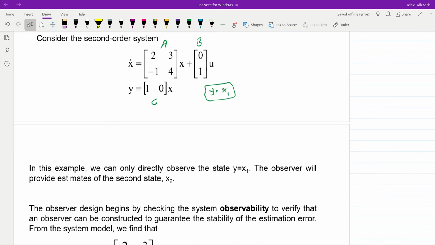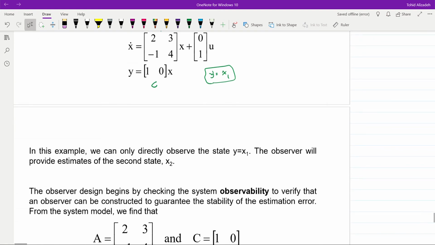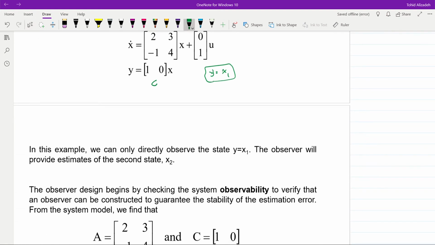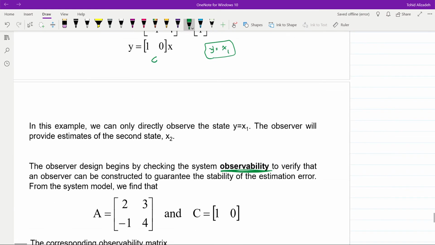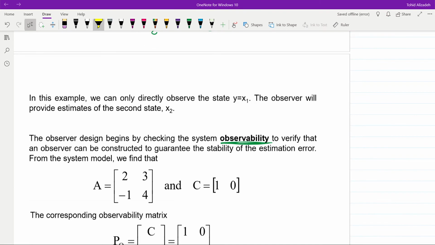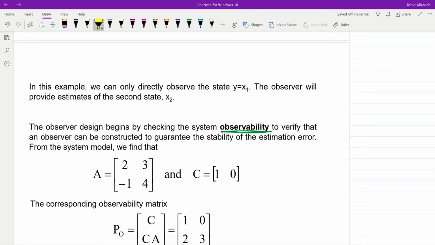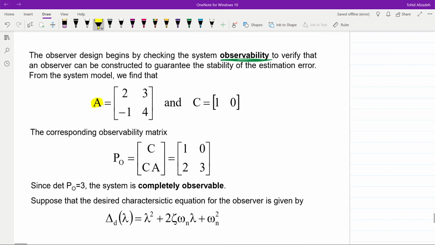To design the observer, we will start by checking the observability of the system to verify that the observer could be designed and constructed. If we have the A and C matrices as provided, A is 2, 3, minus 1, 4, and C is equal to 1 and 0, then we can find the observability matrix as C and C times A, and it will give us 1, 0, 2, 3.